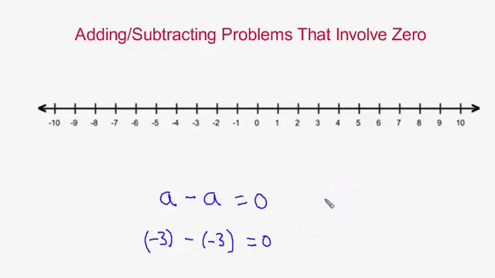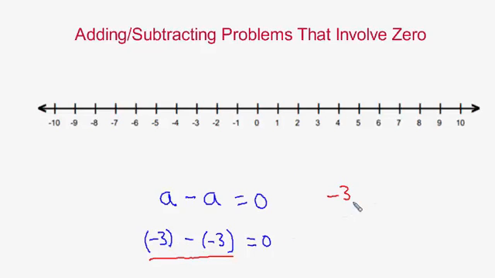If you like the chip model, you can think of it as you have 3 negative chips, and that this symbol means you're supposed to take away 3 negative chips. So if you have 3 negative chips and you take away 3 negative chips, you're left with nothing or 0. Another way to think of the problem is you could change the subtraction problem into an addition problem. You'd have negative 3. You'd leave that sign alone.